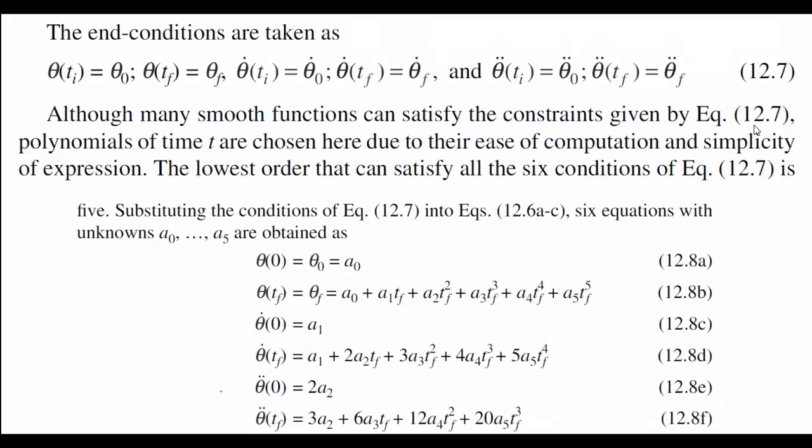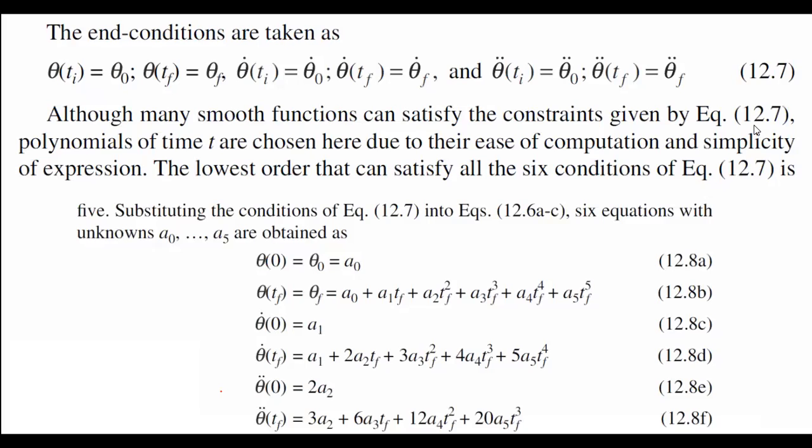Equation 12.7. Although many smooth functions can satisfy the constraints given by equation 12.7, polynomials of time t are chosen here due to their ease of computation and simplicity of expression. The lowest order that can satisfy all the 6 conditions of equation 12.7 is 5.